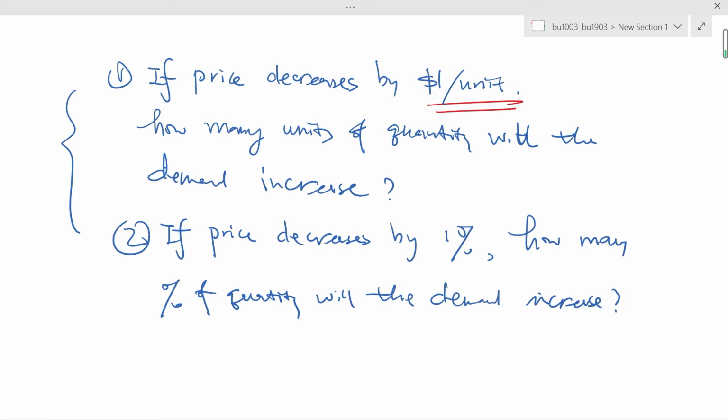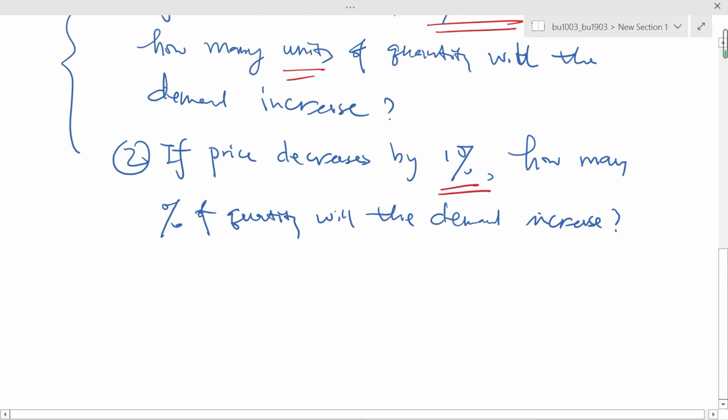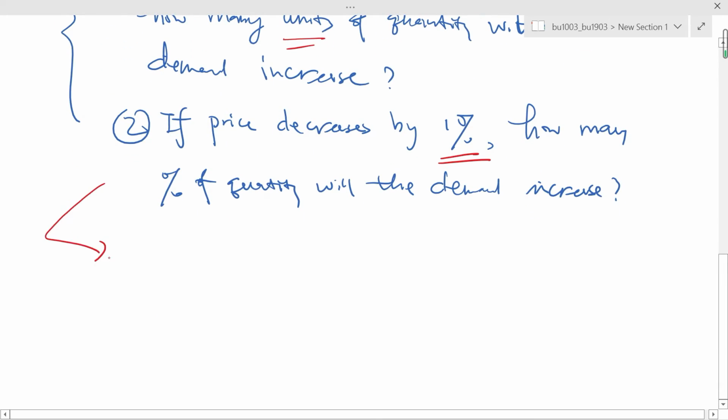Price decreases by $1 per unit, and how many units of quantity increase? In contrast, question 2 is kind of unitless. It says that price decreased by 1%. How many percent will quantity of demand increase?